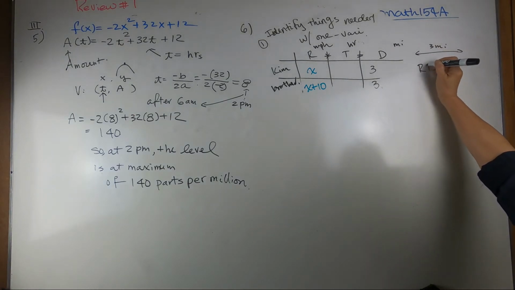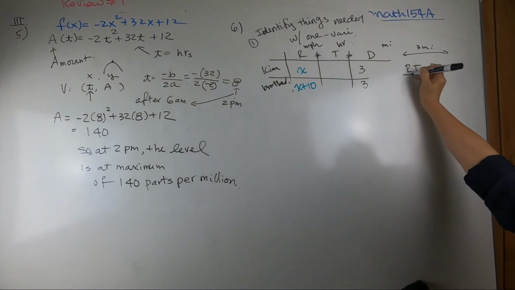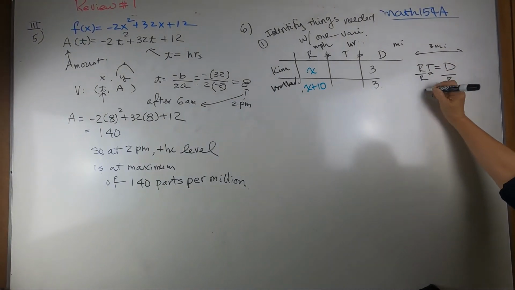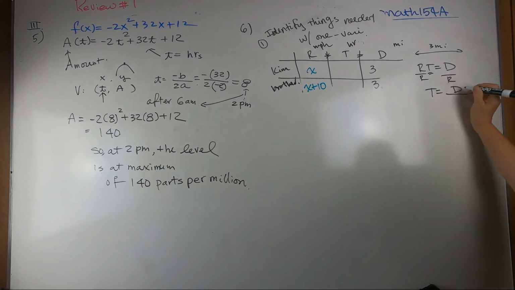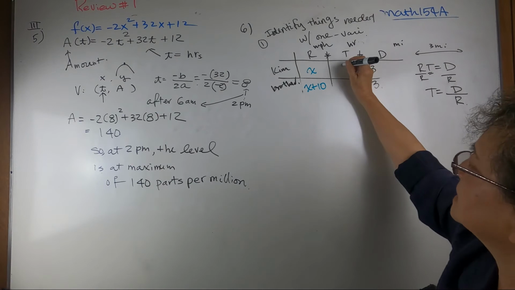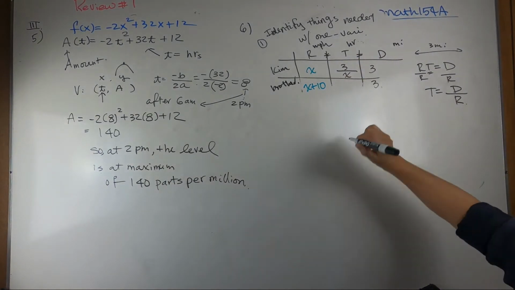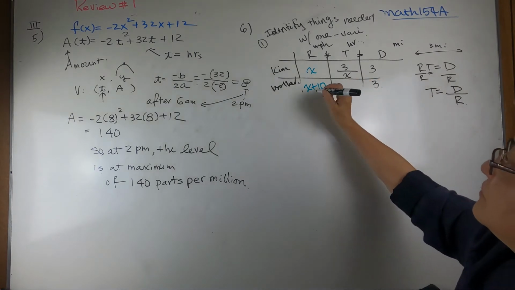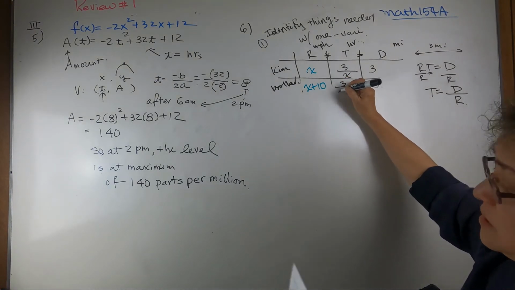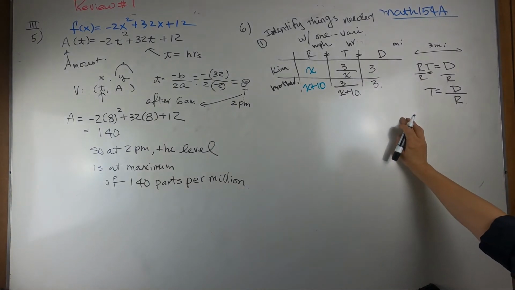We know R times T equals D, so for the time you divide by R. So T is distance divided by R. So you can calculate your time with the numbers you know, right? Then for the brother, it's 3 divided by x plus 10, right?